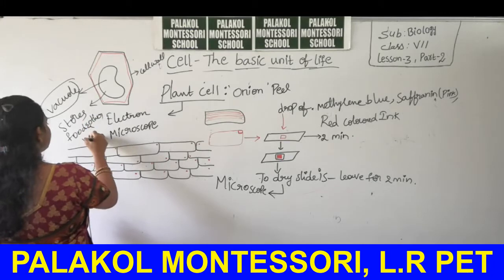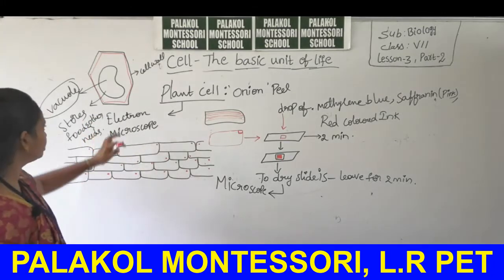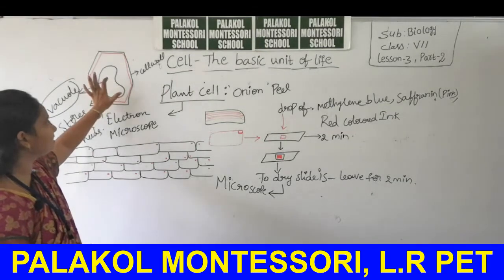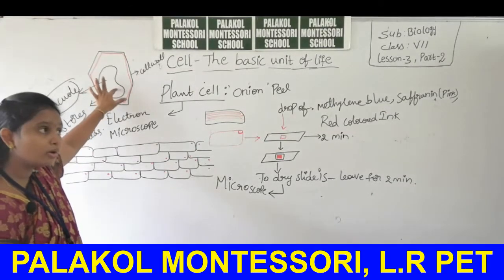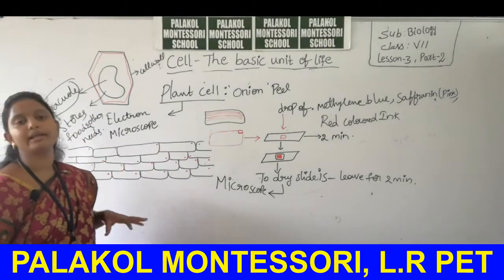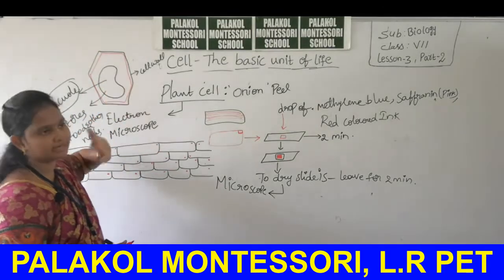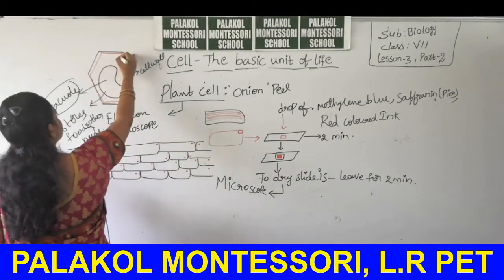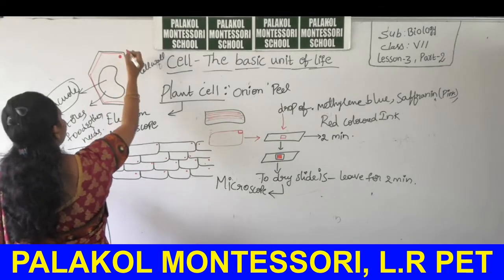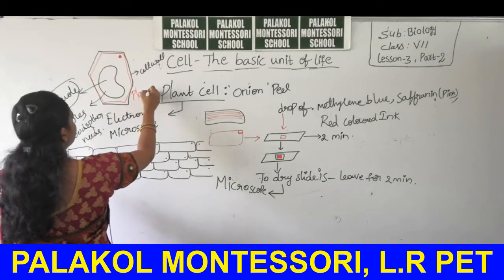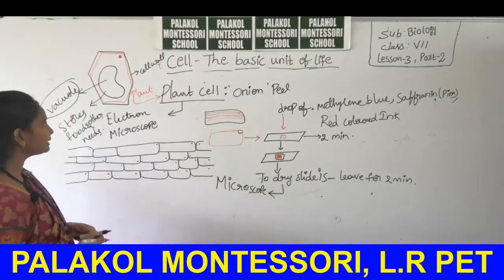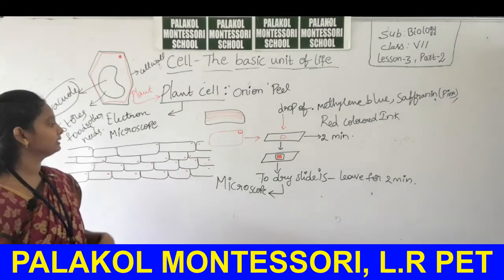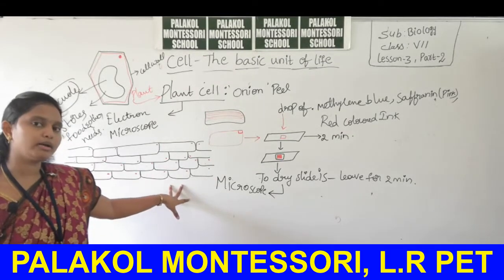Due to the presence of the large central vacuole at the center of the plant cell, there is no place for the nucleus at the center. So the nucleus is pushed and moves towards the corner of the plant cell. That's why I mentioned each and every dot as a nucleus at the corner of the cell.